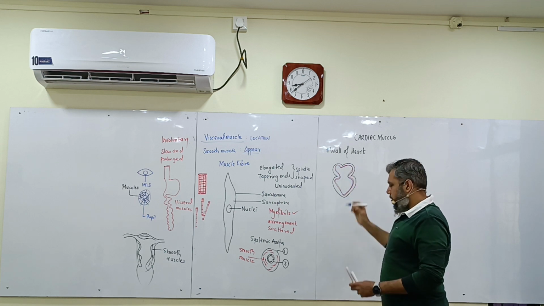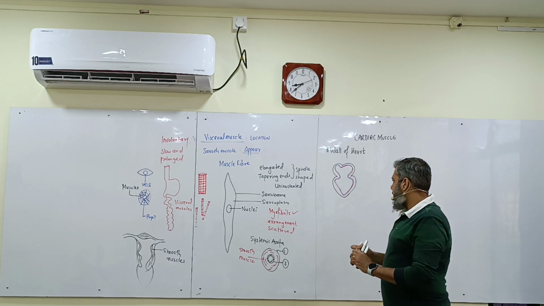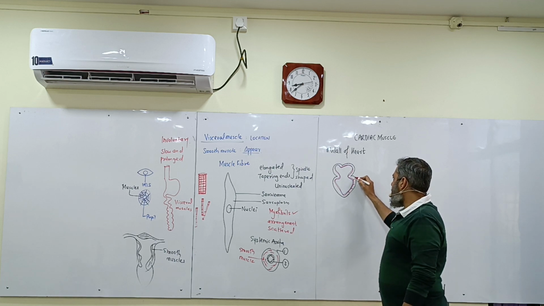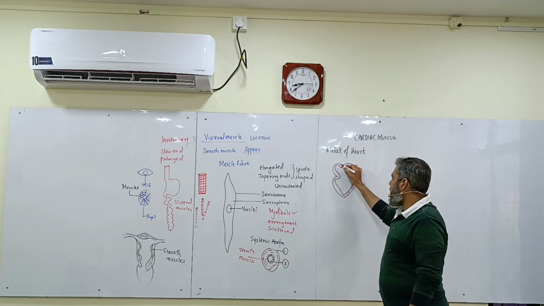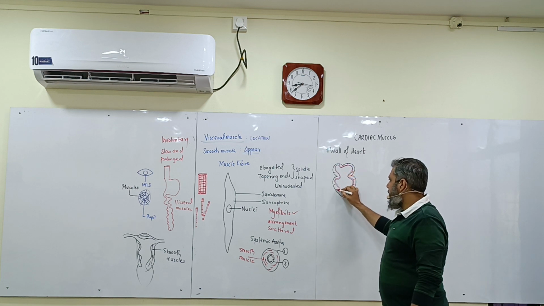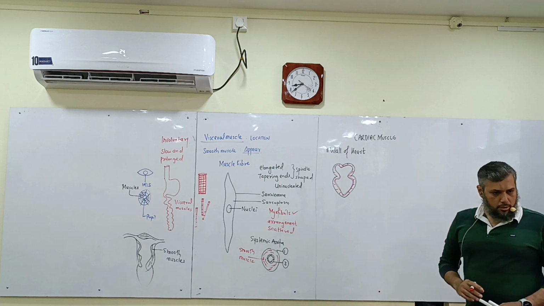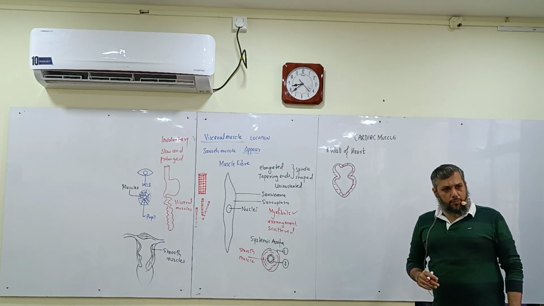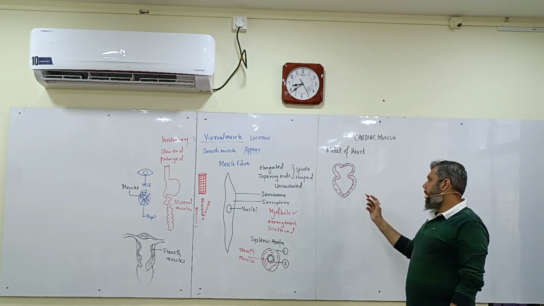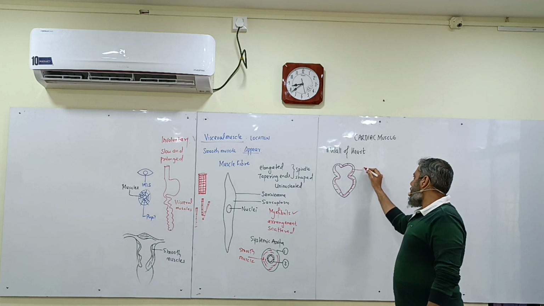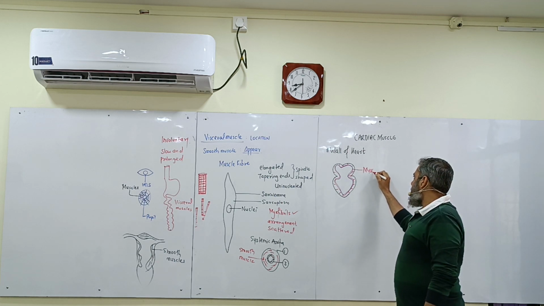Outermost one is black, middle one is red, and the innermost one is blue. I am interested in the middle one. Which color have I shown the middle one with? Red. And it is called myocardium.